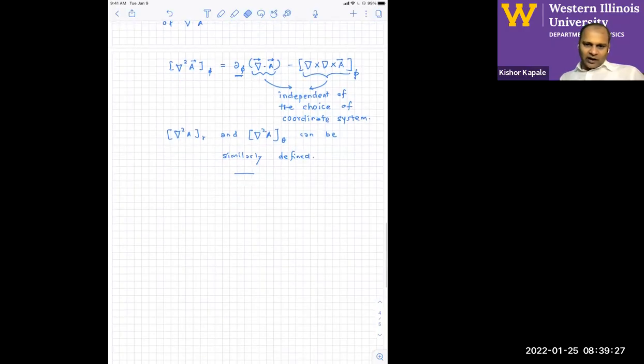Okay. Now I asked you example 1.2 as a reading assignment. You have the same issue in that example also. So you need to be very careful there.